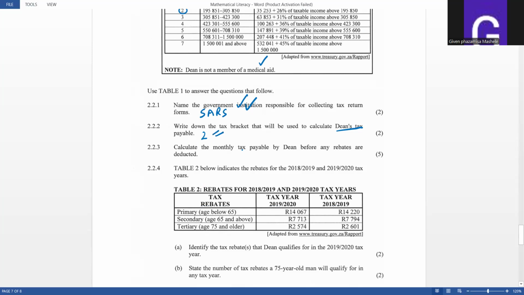Calculate the monthly tax payable by Dean before any rebates are deducted. Here they only want the monthly tax payable before we reduce the rebates. So what do we do first?